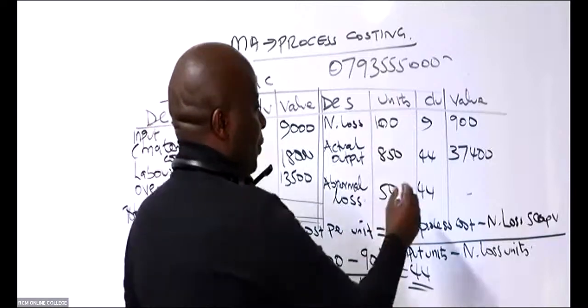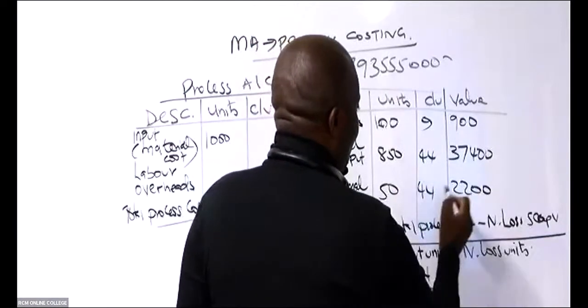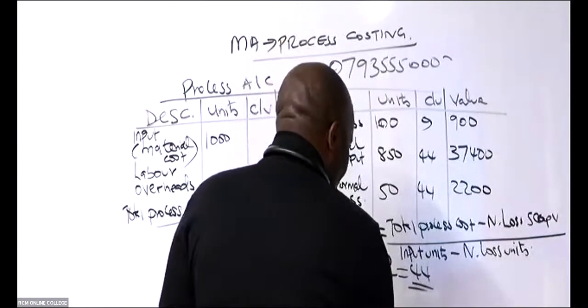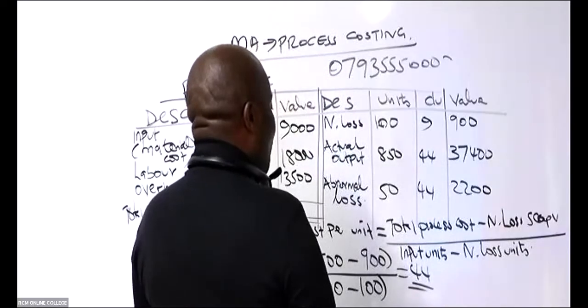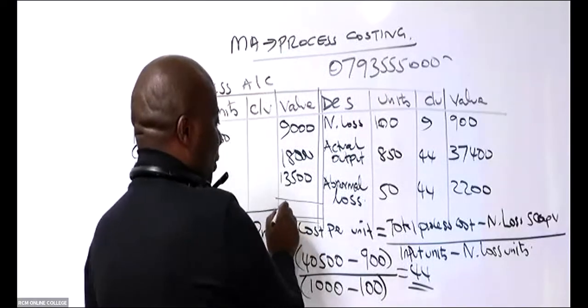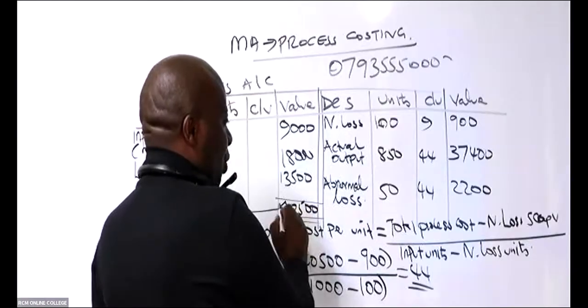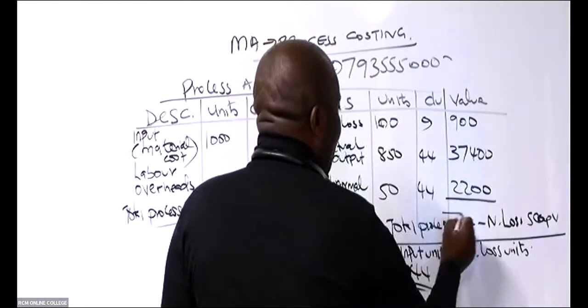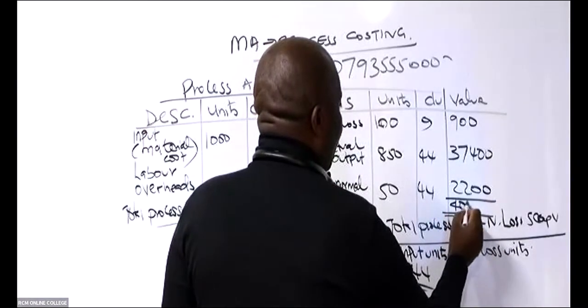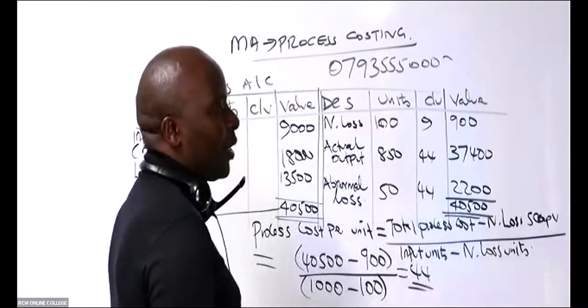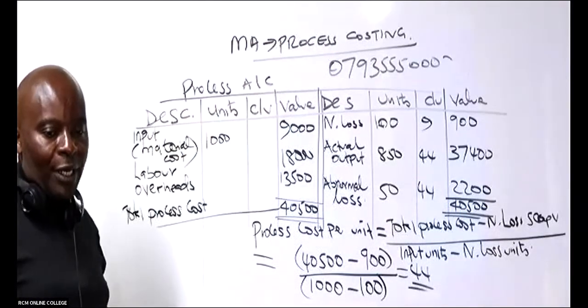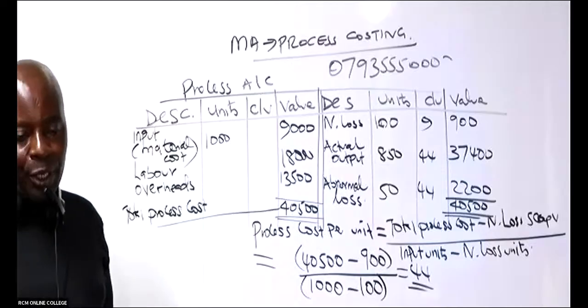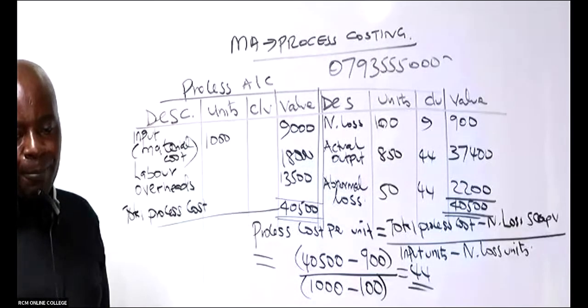So this gives me 2,200. You can easily check for yourselves because this account has to balance. You have told me that this is 4,500, so if you are correct, when you add this side, we should also be able to get 4,500.